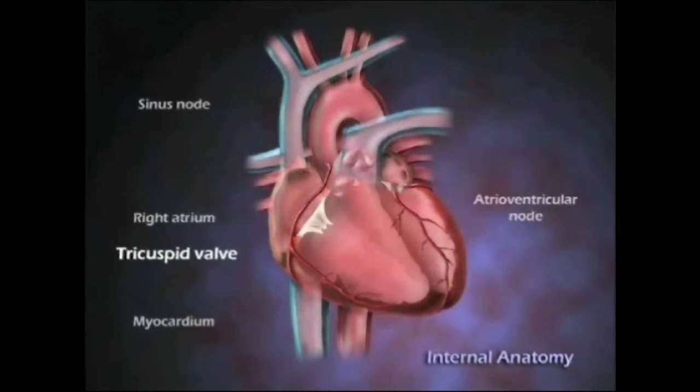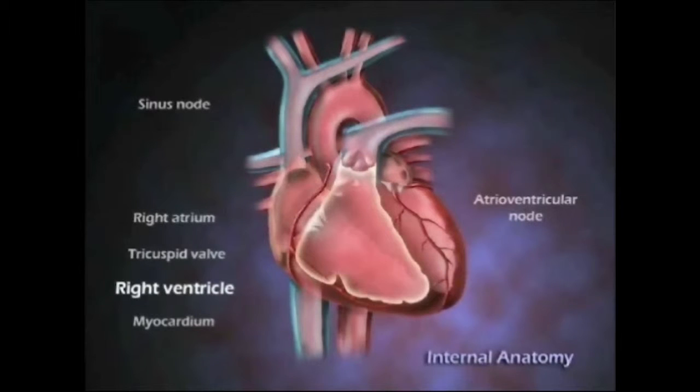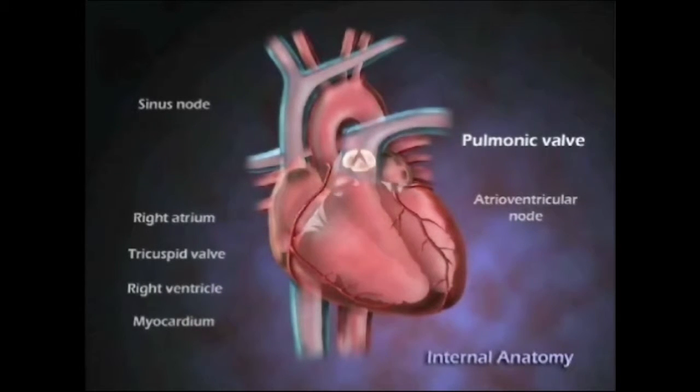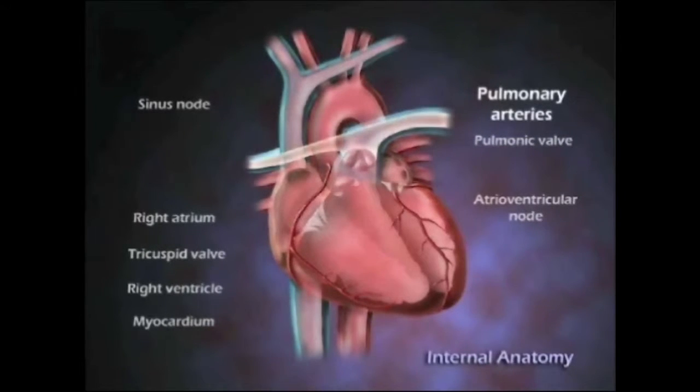The tricuspid valve separates the right atrium from the right ventricle. The pulmonic valve separates the right ventricle from the pulmonary arteries.